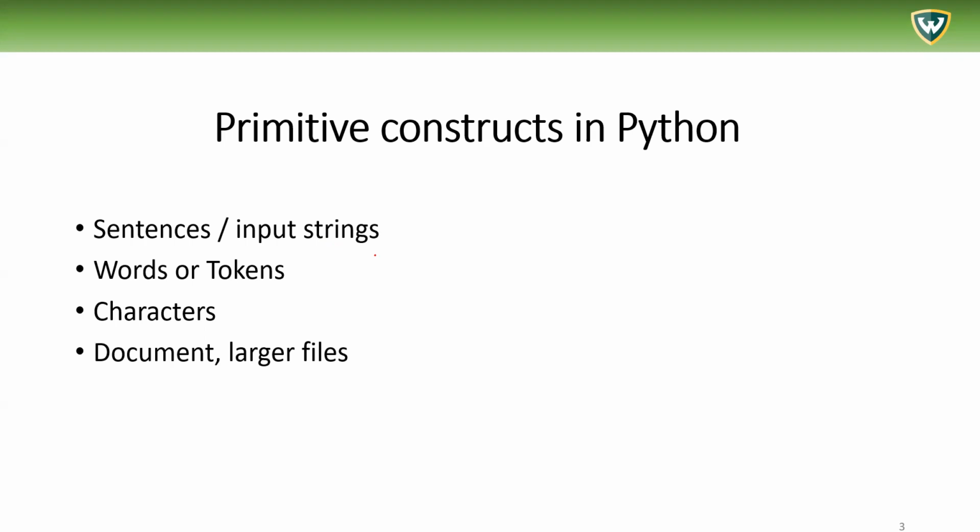So there's a string data type in Python. And if we have one single long sentence, the book is on the table, that's one piece of string. Although in a grammar sense, it is a sentence.